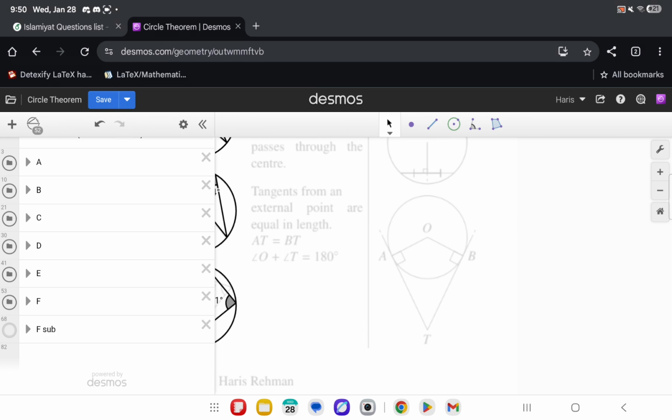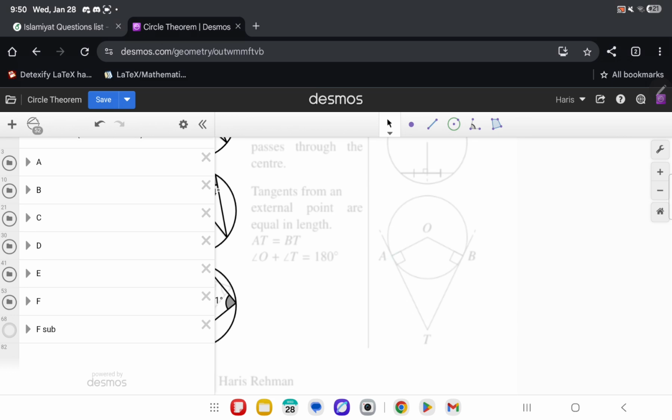Now this is somewhat easy to prove. We can prove it using congruent triangles. Proving it is out of syllabus, but I will still do it. We see that OA and OB are equal. That's one side. Angles A and B are 90 degrees.